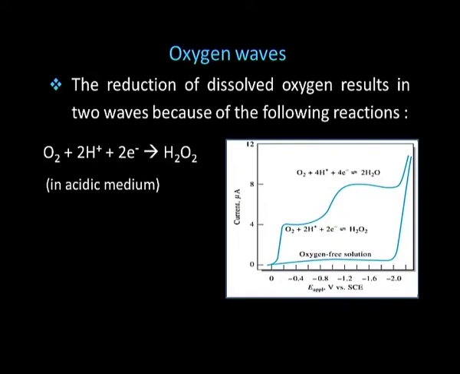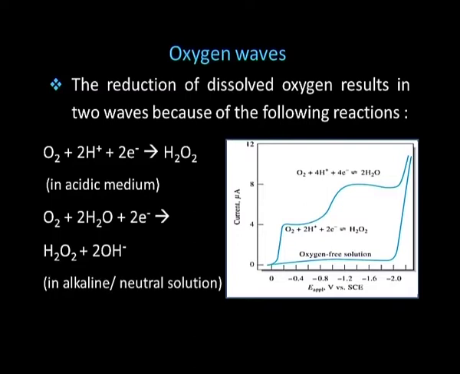In acidic medium, oxygen takes 2 protons and 2 electrons, giving hydrogen peroxide. Oxygen takes 2 molecules of water and 2 electrons, giving hydrogen peroxide and 2 OH minus, and the second reaction occurs in alkaline or slightly neutral solution.